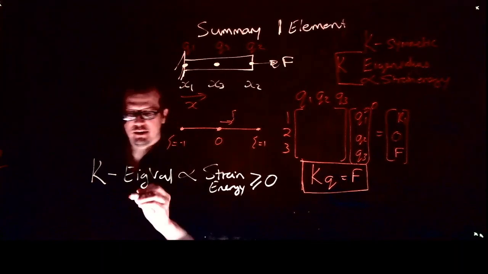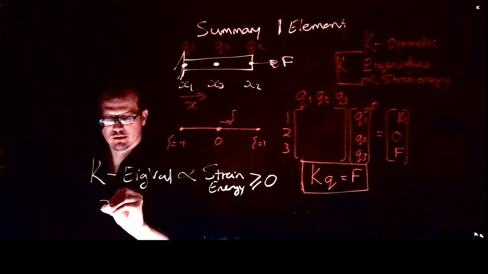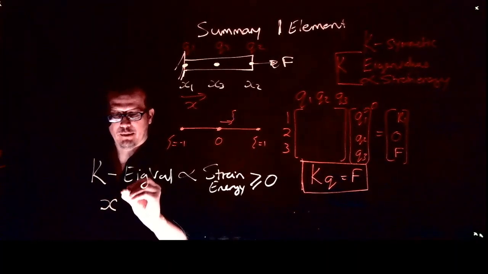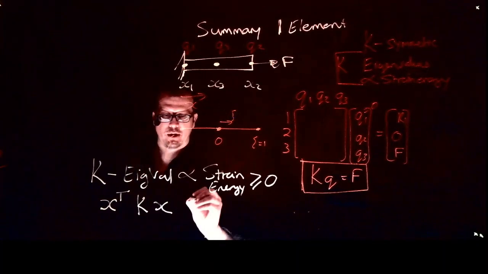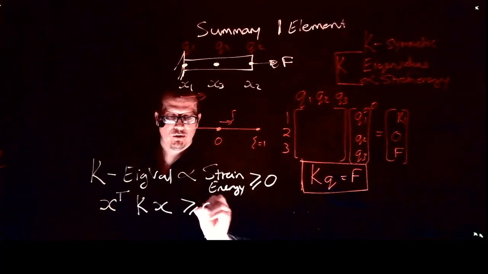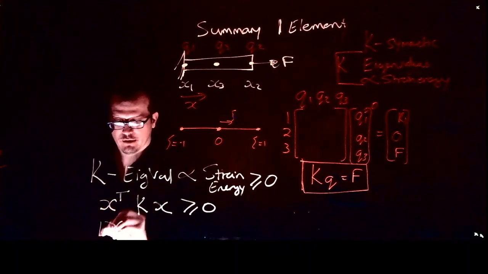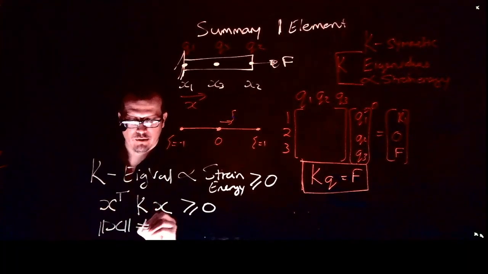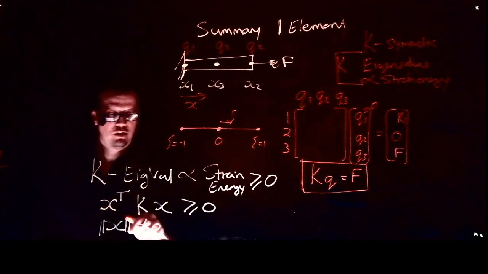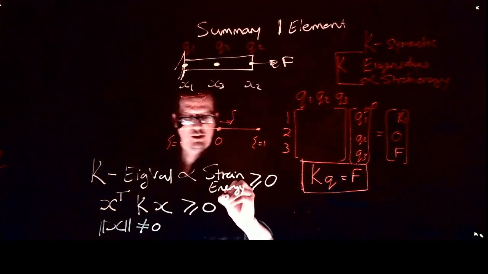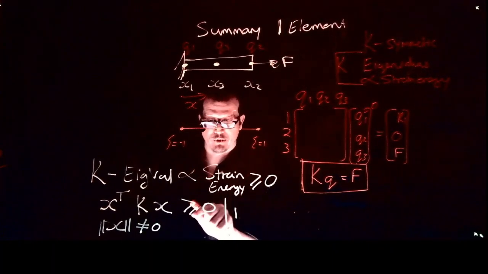Another way of writing that is by saying, if I have an arbitrary vector x, pre- and post-multiplied with K, I want that always to be greater than or equal to 0 for x not 0. Okay, so for any x that I choose, I would like this to always be greater than or equal to 0, and this property is called positive definiteness, or positive semi-definiteness because of the equal sign.